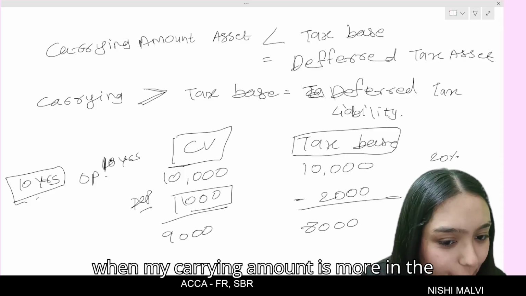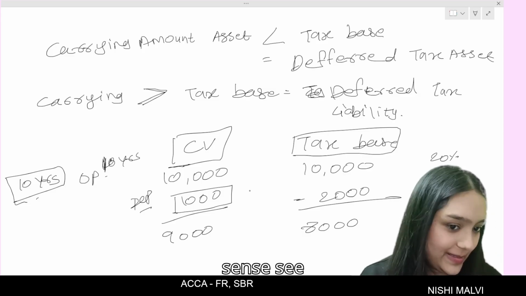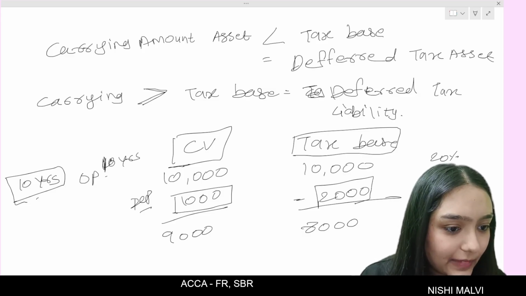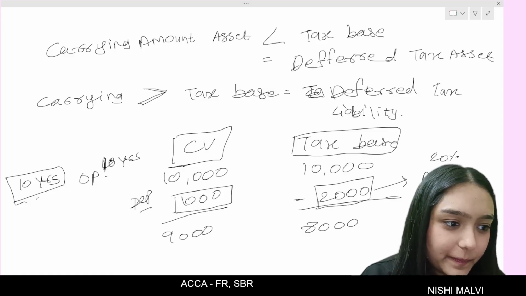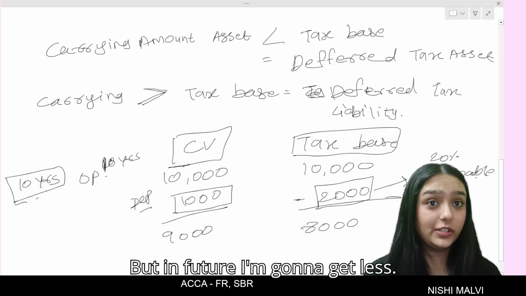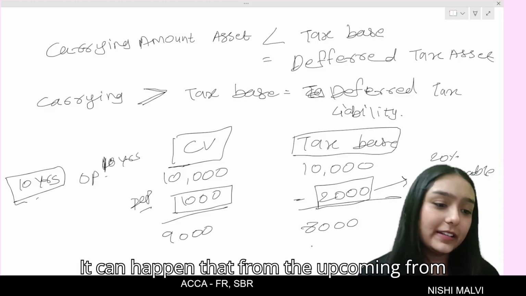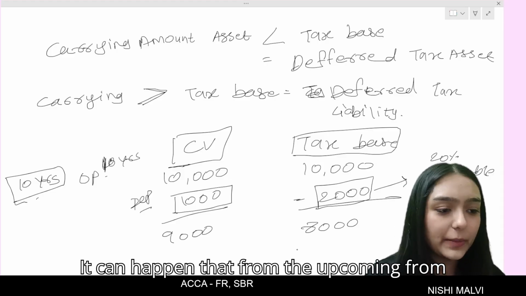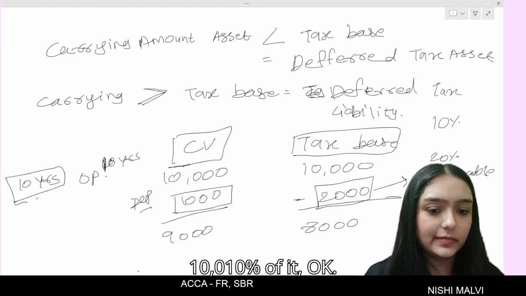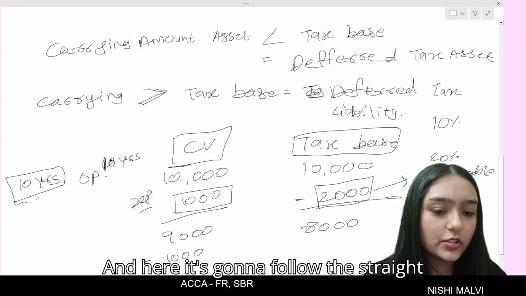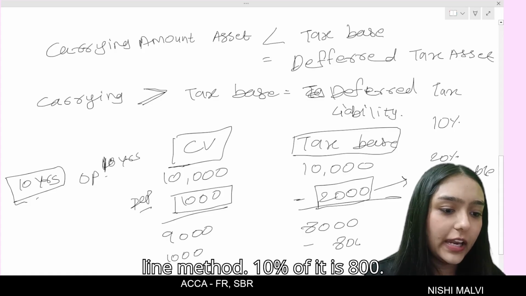My carrying amount is more, in the sense that I use this as an allowable expense but in future I'm going to get less. It can happen that from the next year you can just get 10% of it, and it follows the straight line method. 10% of it is 800.